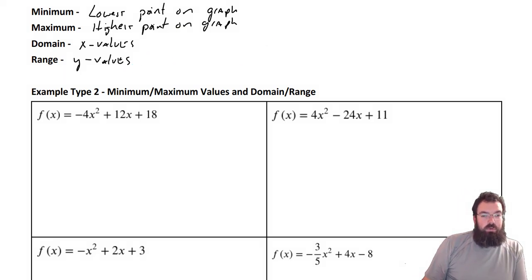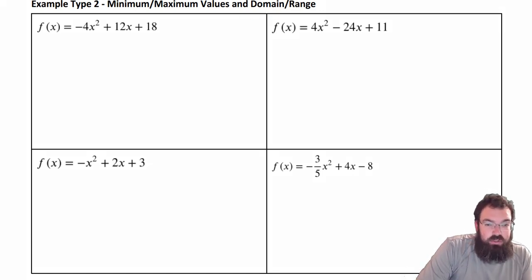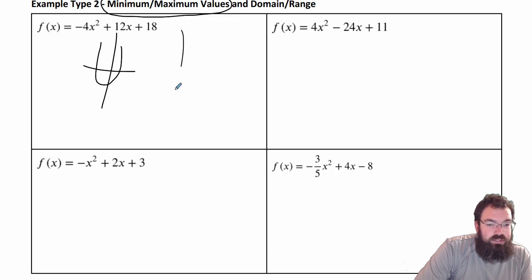So let's scroll down. To find the minimum and maximum values, we're going to do that first. Basically, if I think about the graph, any graph on a parabola, it could look like this or like this. If this is the lowest point right here, that's the minimum. And if this is the highest point right here, that's the maximum.